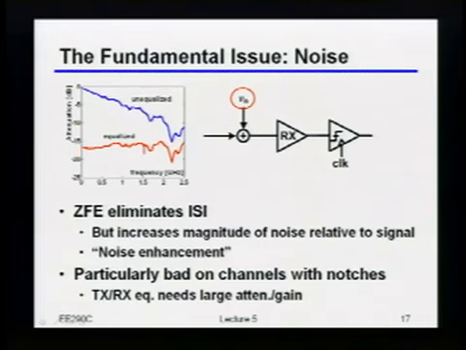If I take a smaller signal and feed it into my receiver, then that smaller signal relative to the noise will have worse SNR. This is fundamental to doing equalization, at least linear equalization, so fundamental that people have a term for it: noise enhancement. Anytime you do equalization, you're always going to be enhancing the noise relative to your signal.